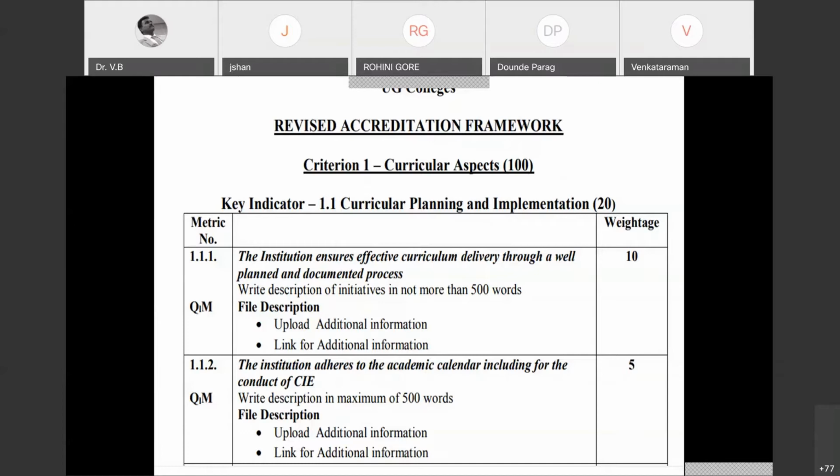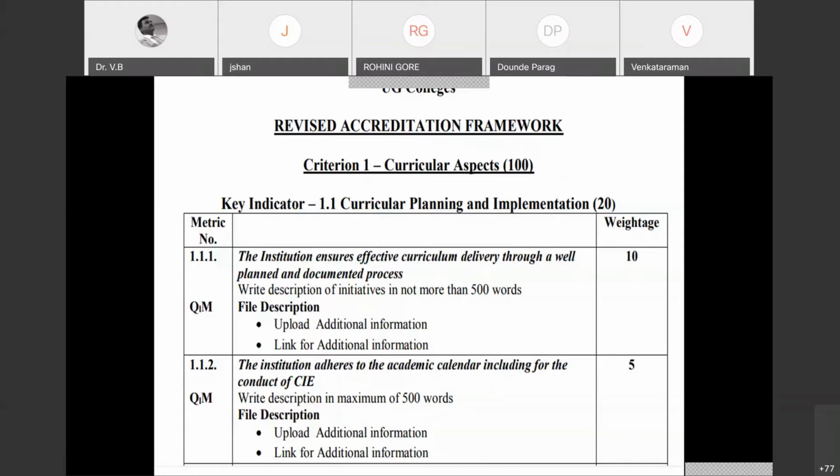Let us understand that metric is the equivalent of question. So metric number 1.1.1: the first number indicates the main heading, that is Criterion 1, the second indicates the key indicator, that is curricular planning and implementation, and the last number 1 indicates the question number.